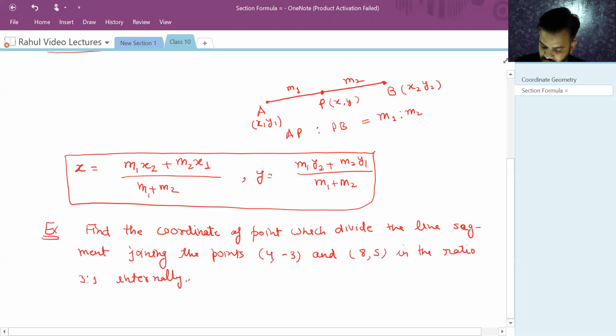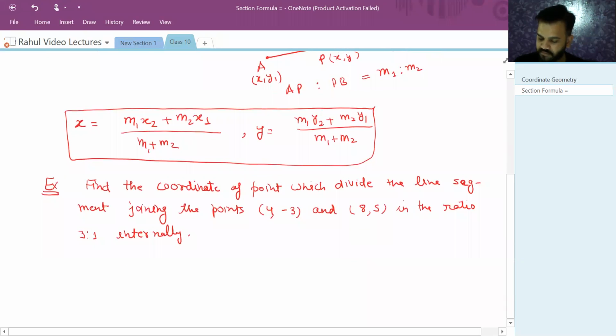Okay, so this type of question will come in this exercise on section formula.